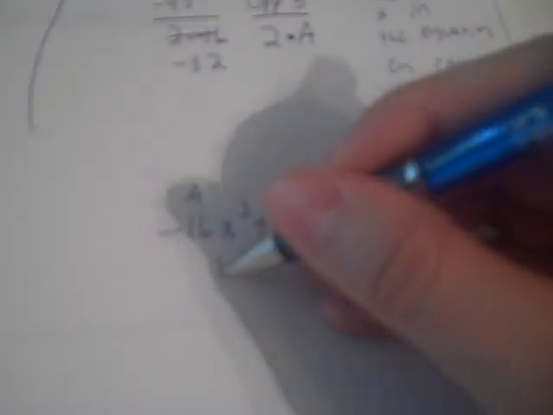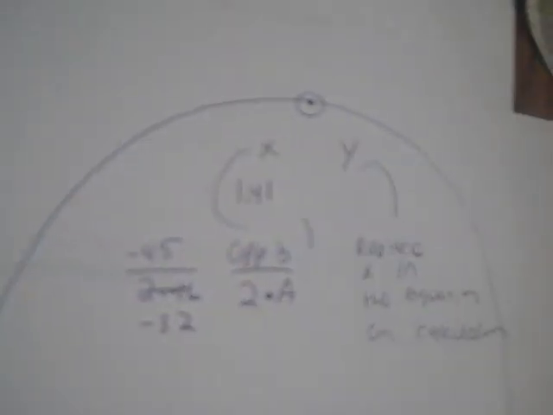Now replace x in the equation on the calculator. So we need to just put 1.41 in for these x's. Okay, I got 34.64, and that's your maximum height, 34.64 feet.